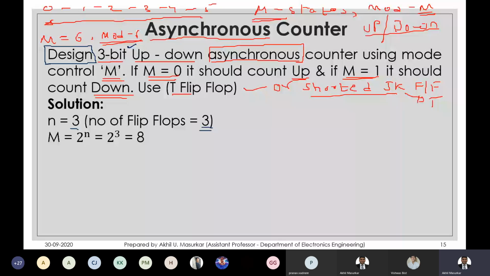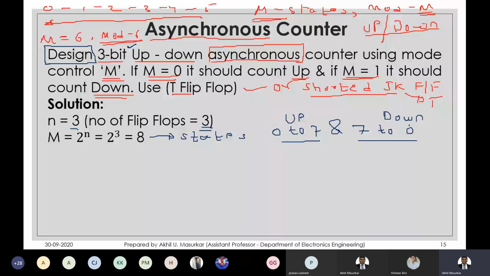So 8 states. It should count up from 0 to 7, and it should count down from 7 to 0.